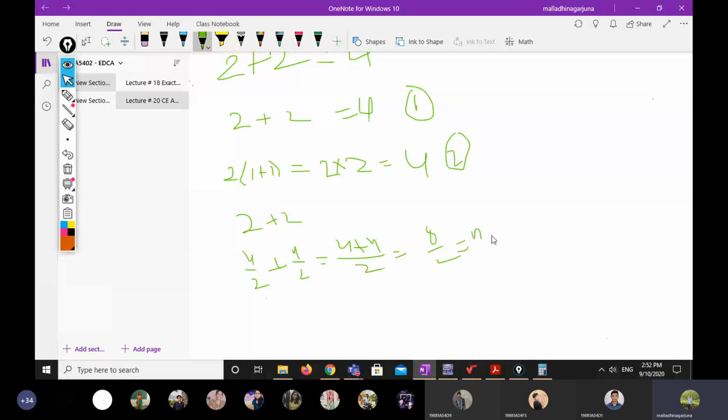This is procedure number 3. See, for 2 plus 2 equal to 4, I have 3 procedures. Which one is correct? All are correct, exactly. The output is the same: 4, 4, 4.